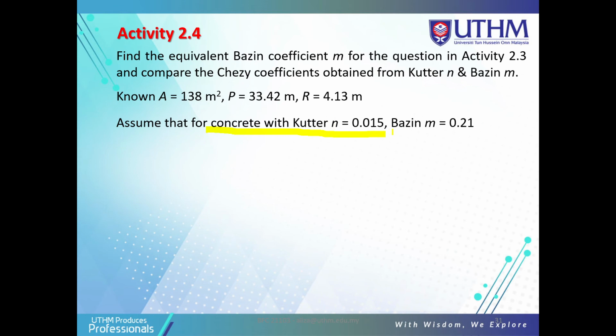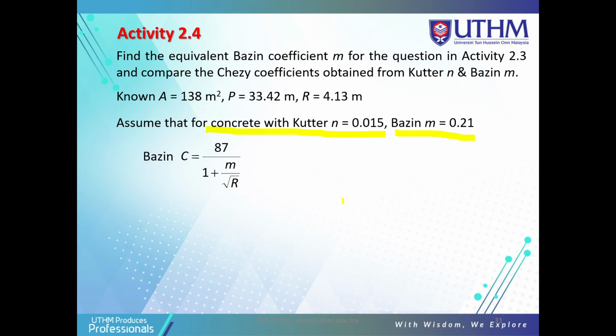Refer to the table for the roughness, and Bazin M is 0.21. This value is given in your test or your final, so no need to refer to the table. They just give you the value of n and also M.